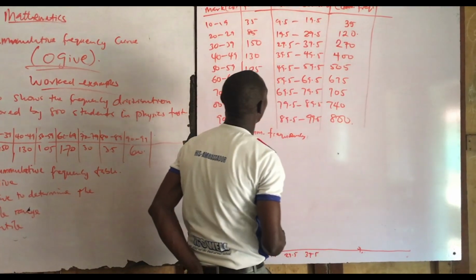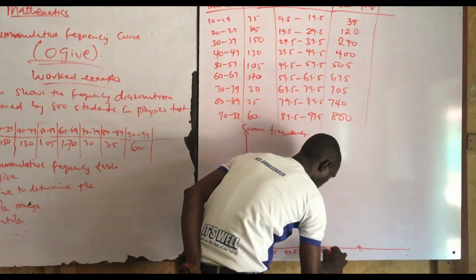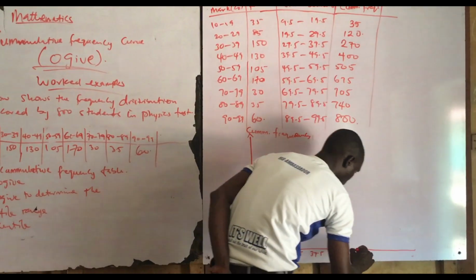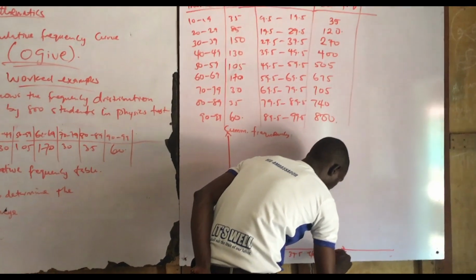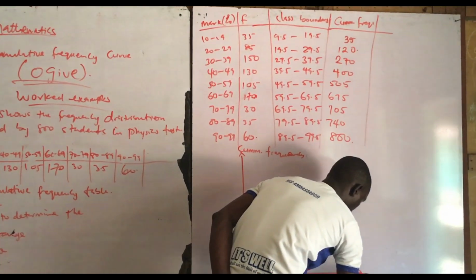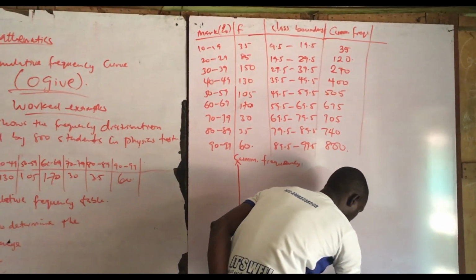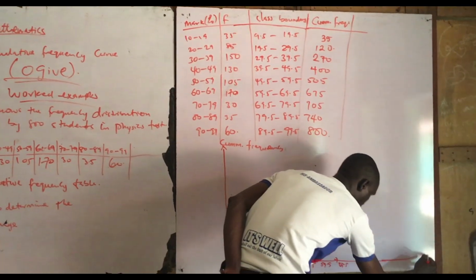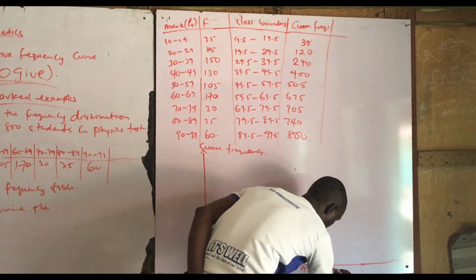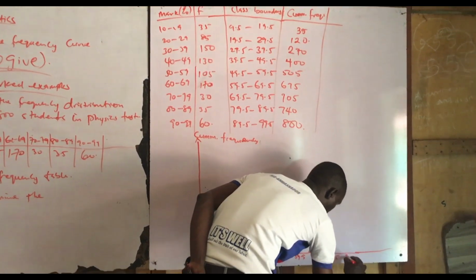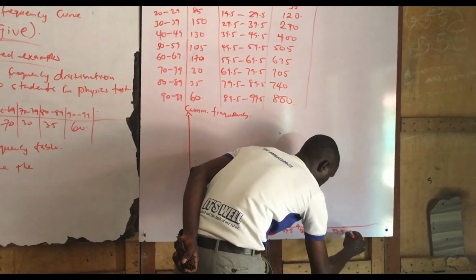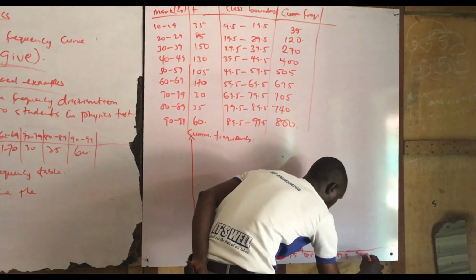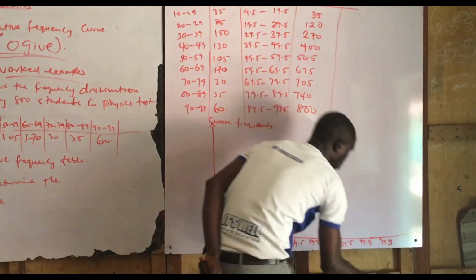In the next, 49.5. Then the next thick line you have 59.5, 69.5, 79.5, 89.5, 99.5. So that's it.